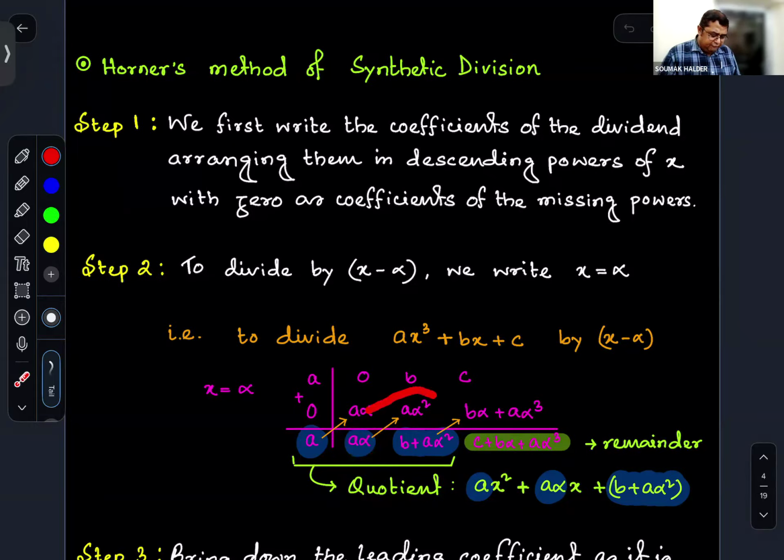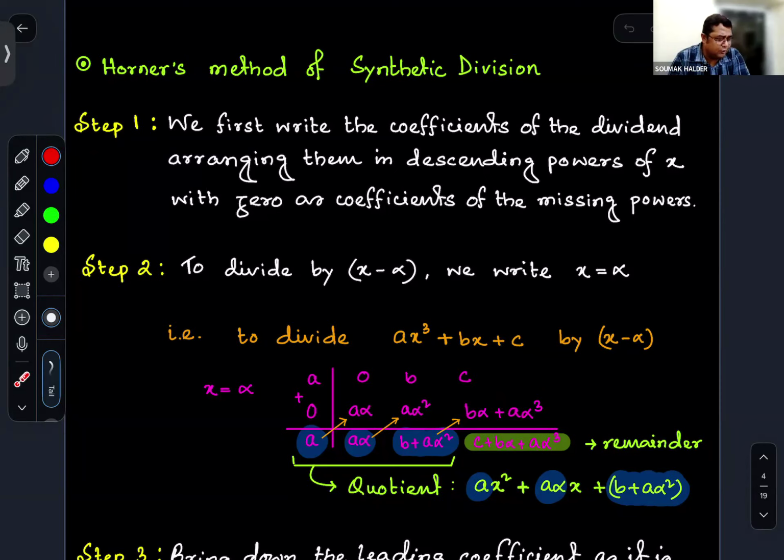Again, multiply it with alpha. Gives you A alpha square. Write that in the third column. Get it added. Now the addition is B plus A alpha square. Again multiply it with alpha and write that in the last column and get it added with the existing coefficient at the top. Okay.